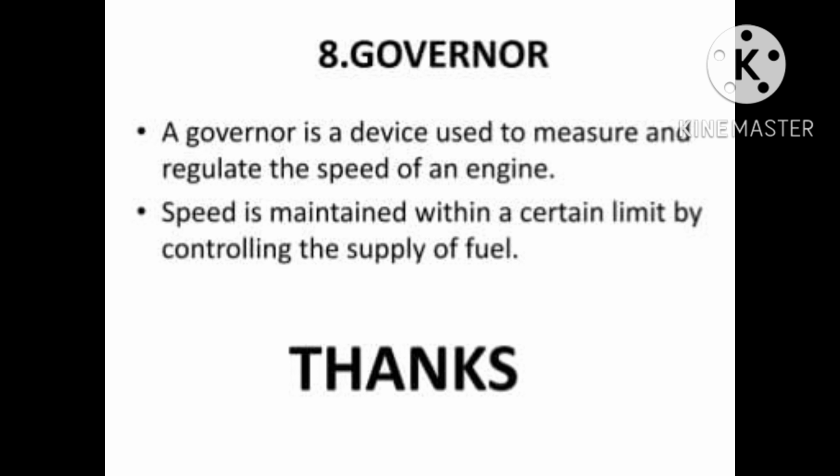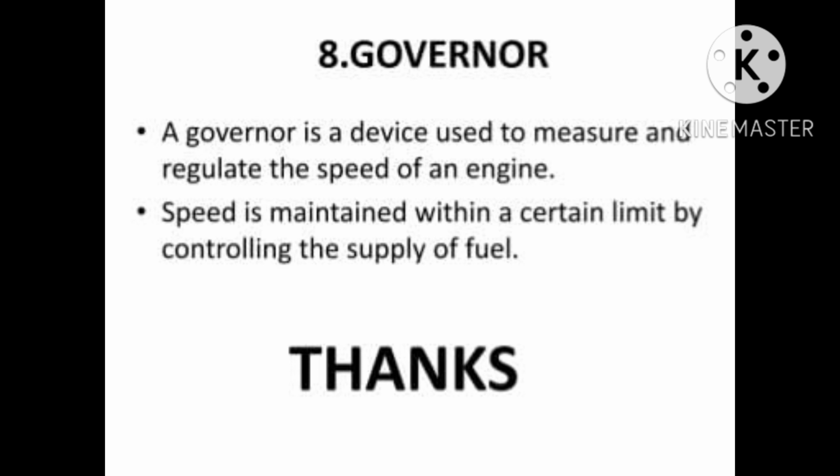Now the last part of the engine is governor. A governor is a device which is used to measure and regulate the speed of an engine. You must have seen in some buses where speed is limited to 60 or 80 km per hour.